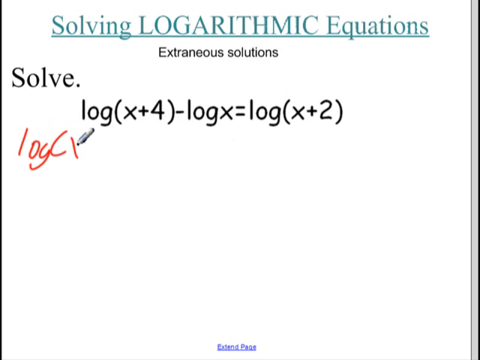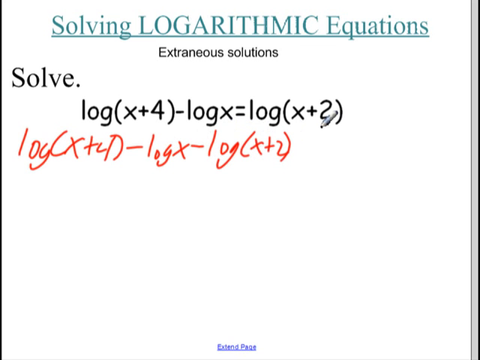So I'm going to have log of x plus 4 minus log of x minus log of x plus 2 equals 0. And now we're going to use our rules of logs to rewrite this all as one log. This is from our earlier work with logarithms.